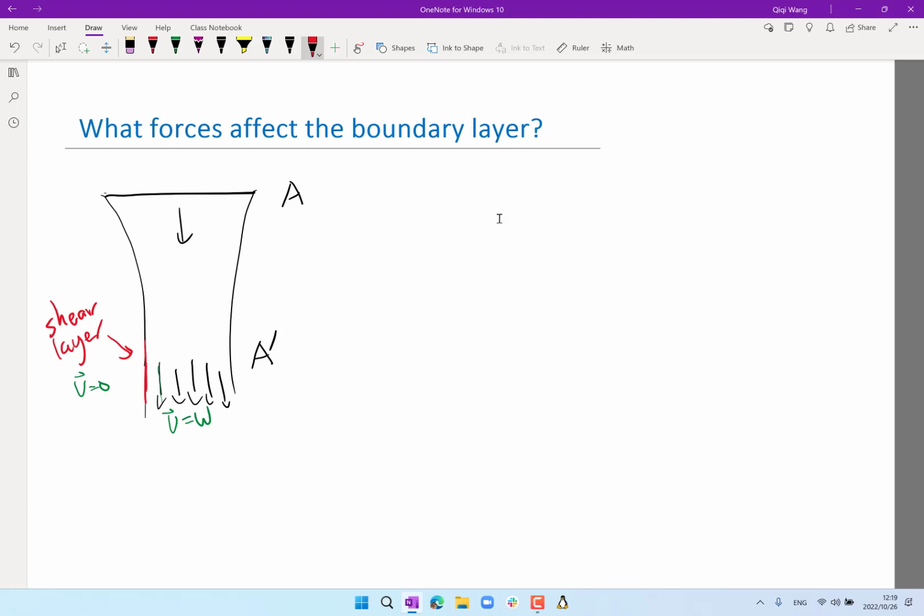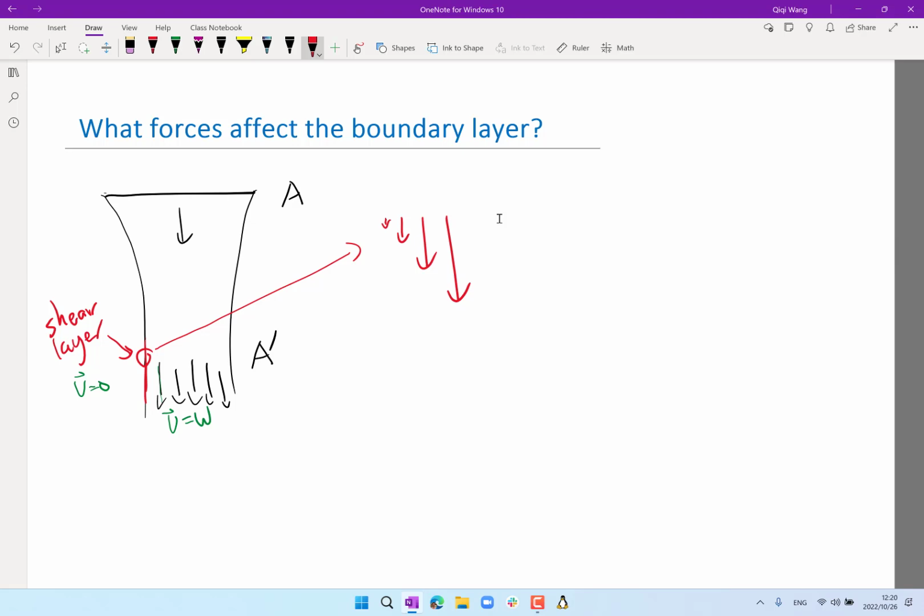So in this case, the flow, if you zoom in, the flow looks like that. So if you zoom in over here, right, on the left-hand side, the velocity is low. On the right-hand side, the velocity is high. So you have a significant y velocity gradient in the x direction, and no x velocity gradient in the y direction.